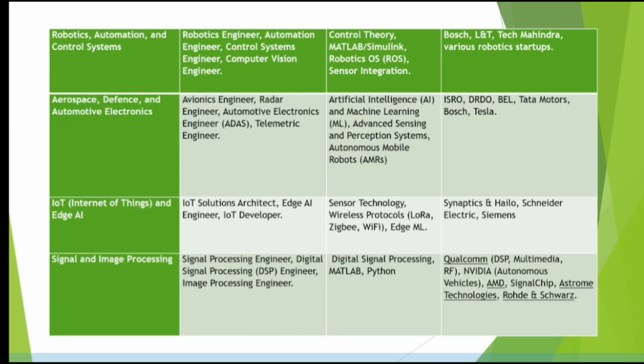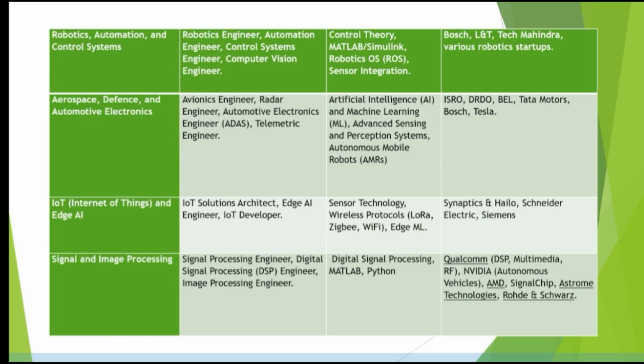Next is signal and image processing. As I already told you, most of this involves signal encryption and decryption and creating everything related to signals. So basically, you can be a signal processing engineer, digital signal processing engineer, or image processing engineer. Basically, everything that is related to signal.